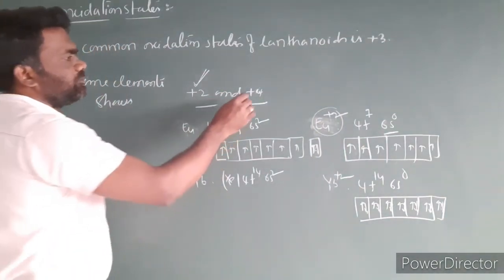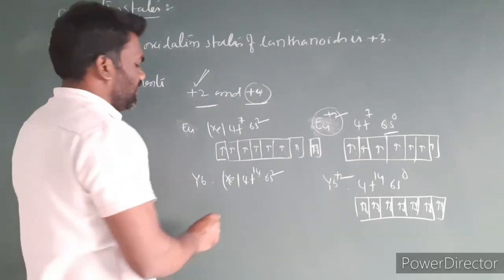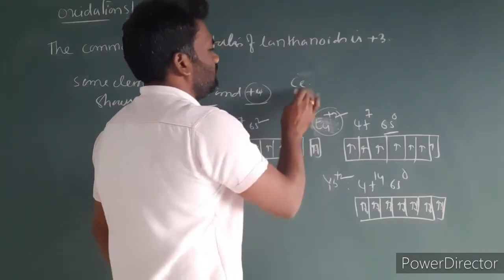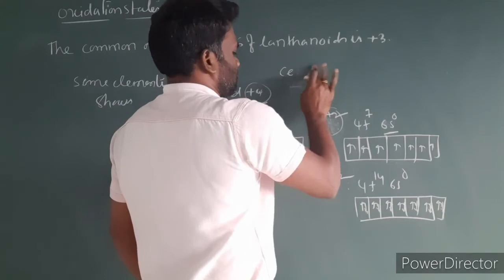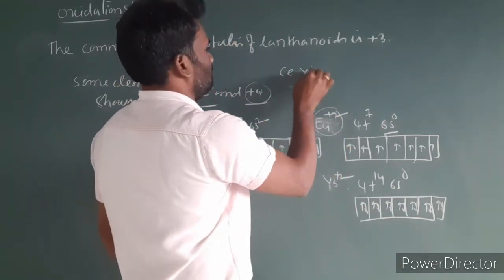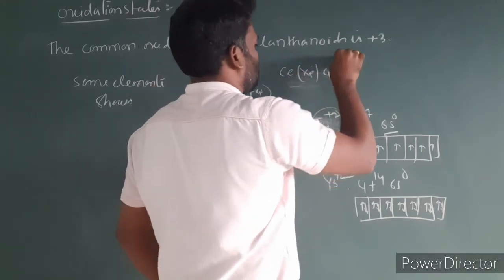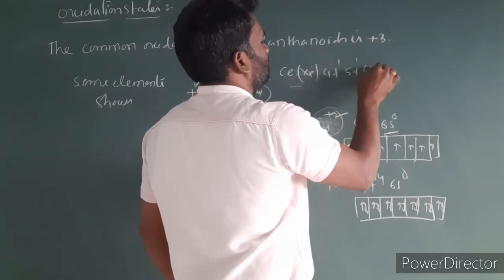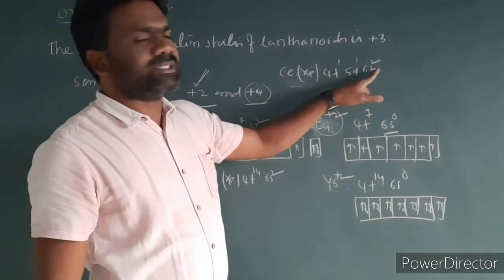Next, the +4 oxidation state. The +4 oxidation state is exhibited by cerium. Cerium's configuration is xenon 4f1 5d1 6s2.